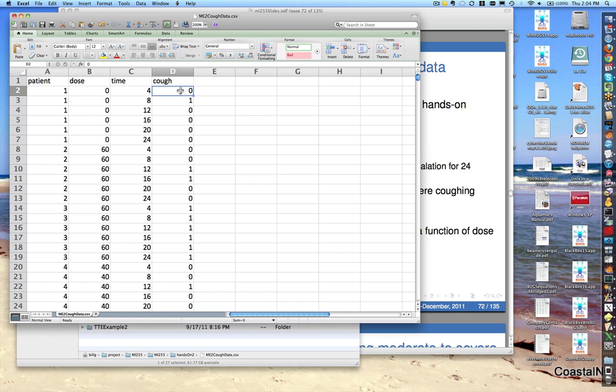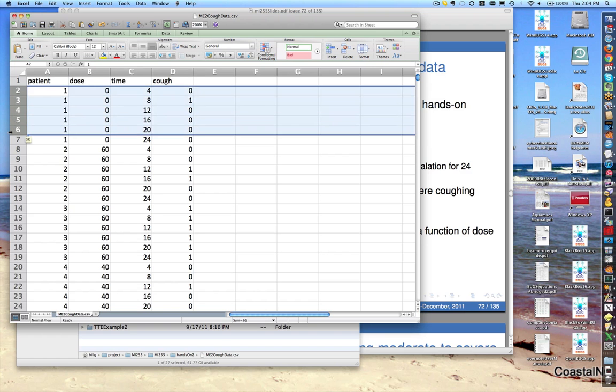For example, the first 0 you see here, which occurs at time 4, indicates that no coughing episodes were reported during that 0 to 4 week period. Similarly, this one says that that patient did have at least one coughing episode during the period between 4 and 8 weeks. So again, these are reports over intervals.